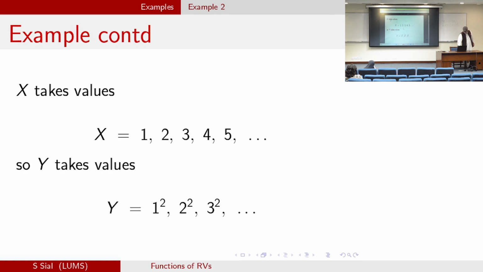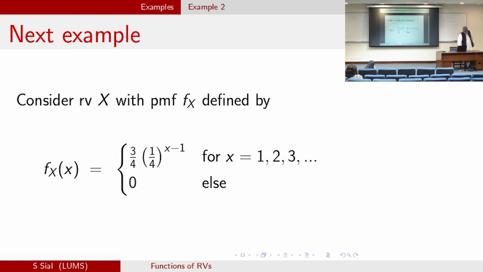So what's the probability that y is equal to 2 squared? Well, for y to be 2 squared, what does x have to be? X has to be 2.